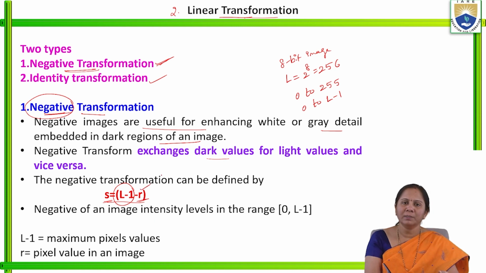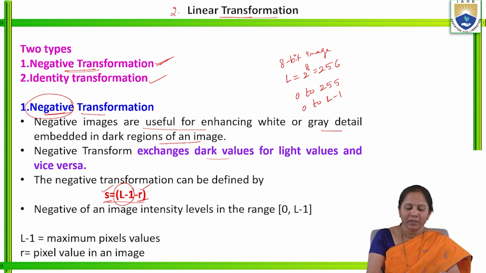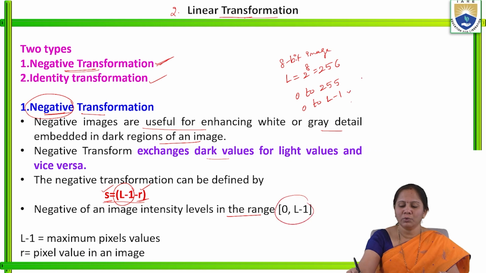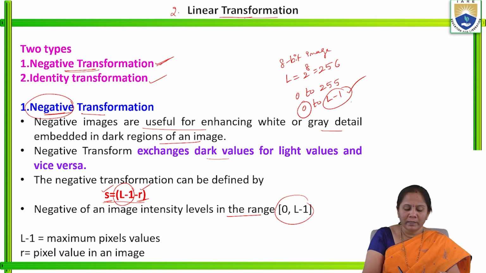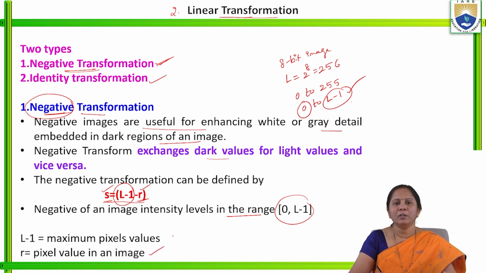So here R is the pixel value of the input image and S is the pixel values representing the output image. So negative of an image intensity levels will be ranging from 0 to L minus 1. So L minus 1 is the maximum pixel value, 0 is the minimum pixel value, and R is pixel value from the input image.